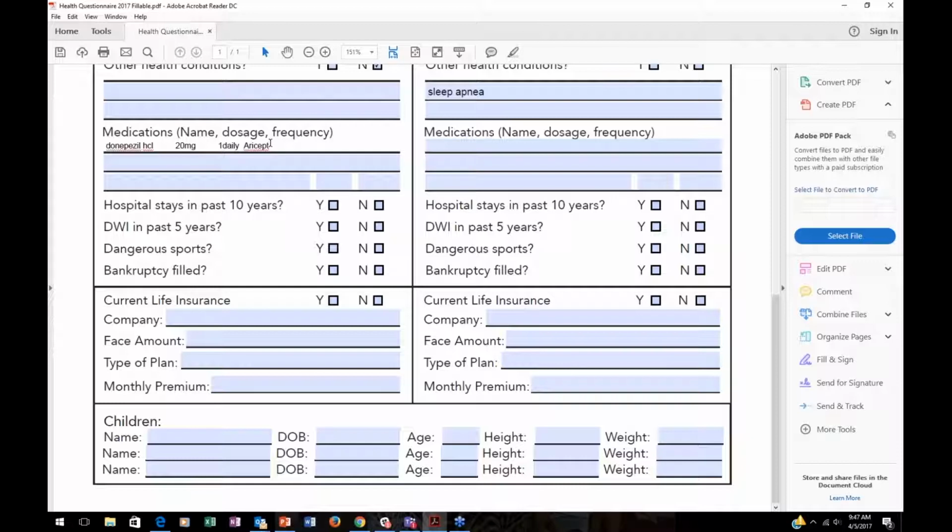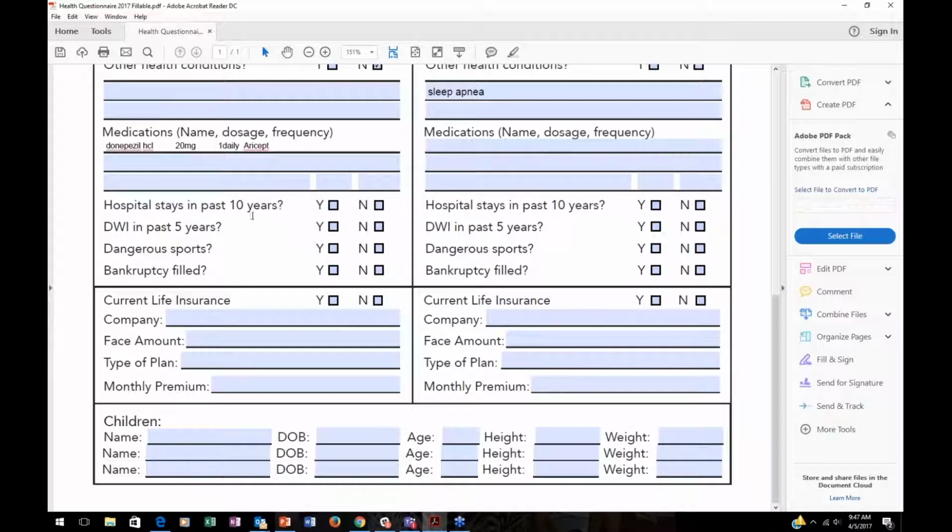Keep that in mind as we get into next week and start talking about underwriting, and let's see if that medication could have any effect on the underwriting itself. So that's a little homework for you. Look up Aricept.